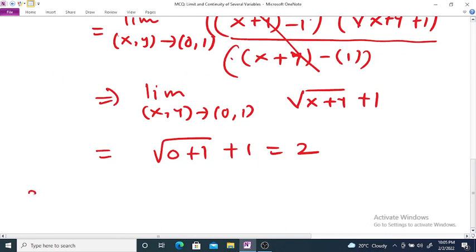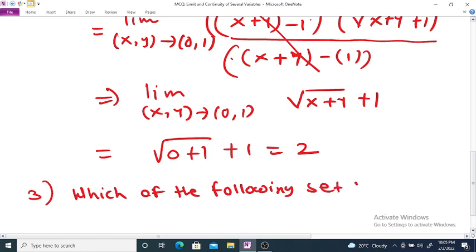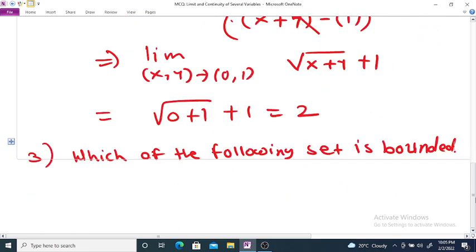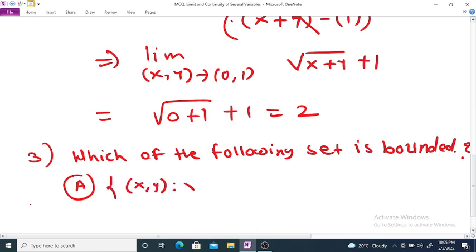Next, example number 3. Which of the following sets is bounded? And the sets are given. Option A: the collection of all (x, y) such that x² + y² is greater than or equal to 1.